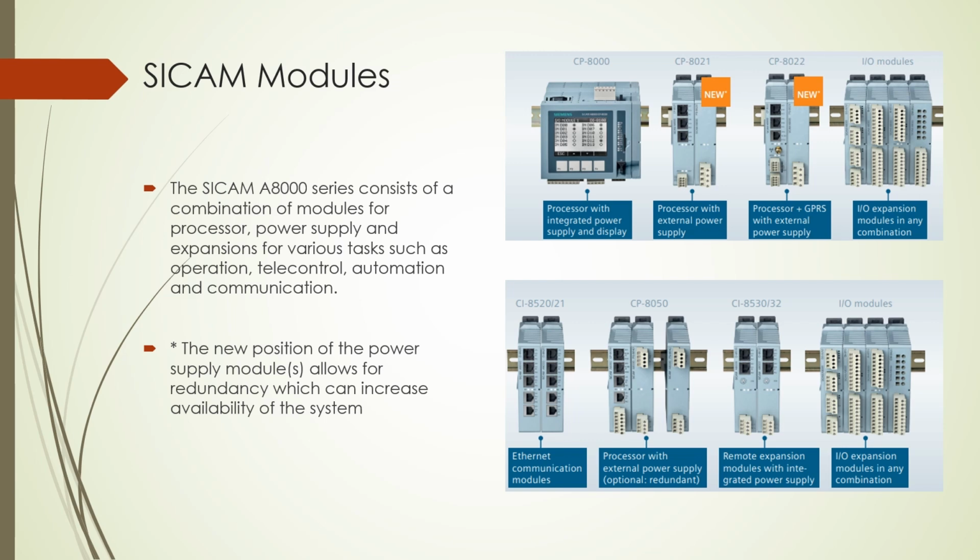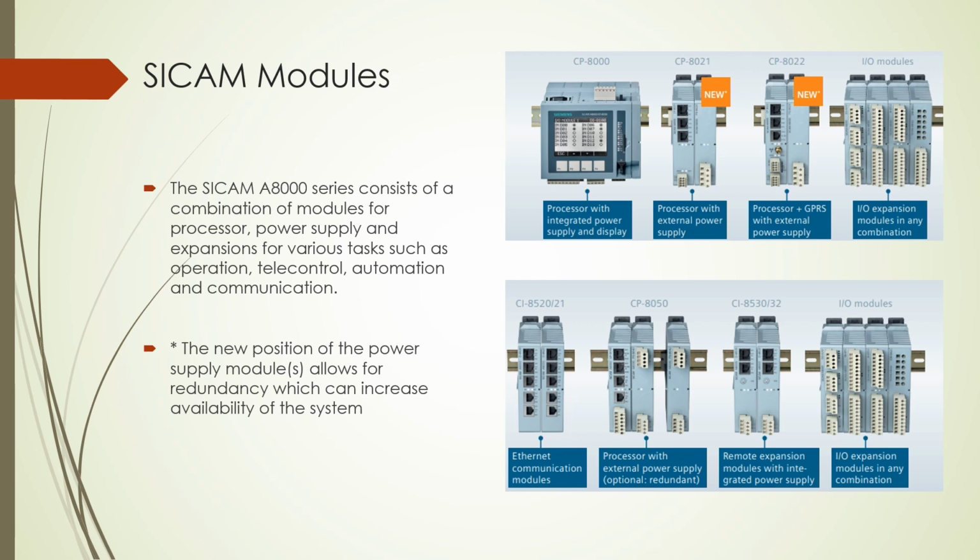CI8520 supports all Ethernet ports, and CI8521 supports 2 ports with SFP modules, either RJ45 or fiber, depending upon the need. CP8050 is the main processor of this family. CI8530, 31, 32 are the modules that support the expansion of IOs.